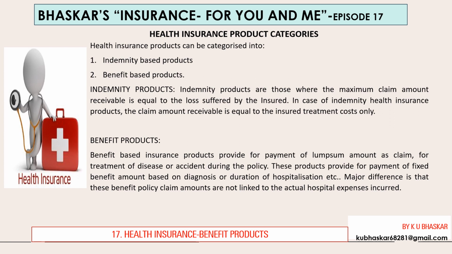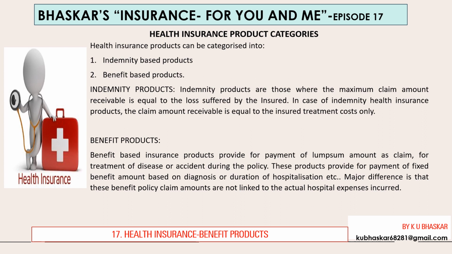The various details of coverage under health insurance discussed so far in our earlier episodes relate to such indemnity products only. In these products, the actual amount of treatment cost is calculated and paid to insured by the insurer, subject of course to the sum insured being sufficient and other policy conditions being followed.